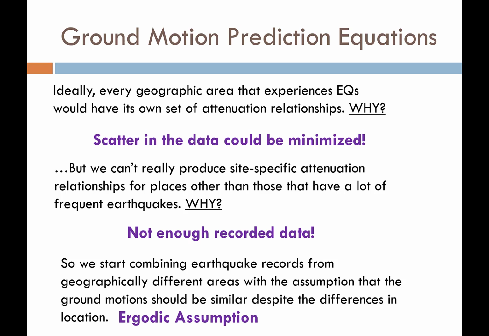And this assumption has been shown to not really hold. I mean, there are differences between different seismic environments, but it's the best we can do. And we live with the error that's introduced from applying this ergodic assumption for now. But in the future, like I said, someday we'll all be relying on site-specific GMPEs.